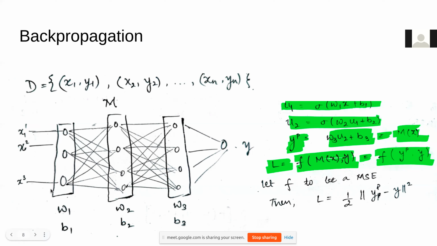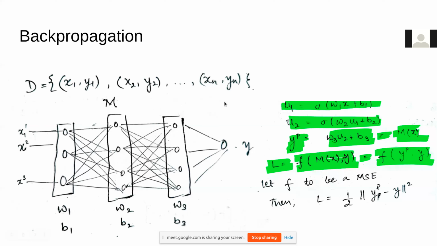We can write it in vector notation as w1x plus bias b1 followed by an activation function, where this activation function can be a sigmoid, tanh, ReLU, any nonlinear function. So u1 represents the output of layer 1, which will now serve as the input to layer 2.